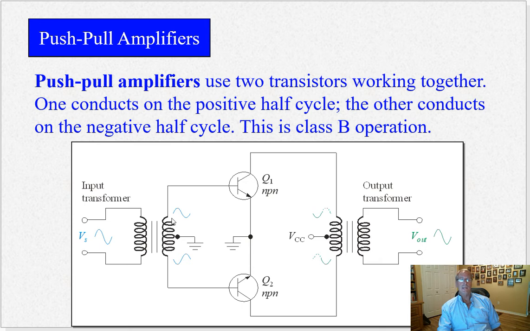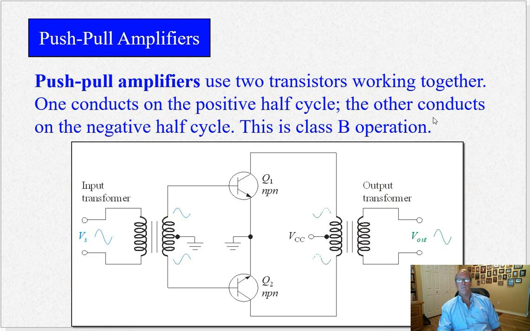So this input voltage has to climb to 0.7 volts before Q1 starts to conduct, or it has to fall to minus 0.7 volts before Q2 starts to conduct. Well, that results in a dead zone at the very middle of the output waveform. So if you look at this output waveform, you'll see this little step right here, okay? And that's called crossover distortion.